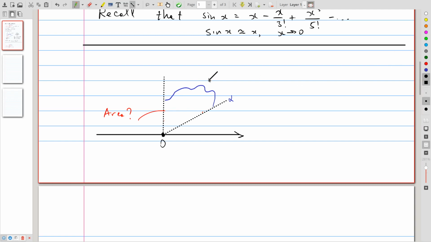So we'll say this is r of theta equals f of theta. And then we'll add another curve inside here.